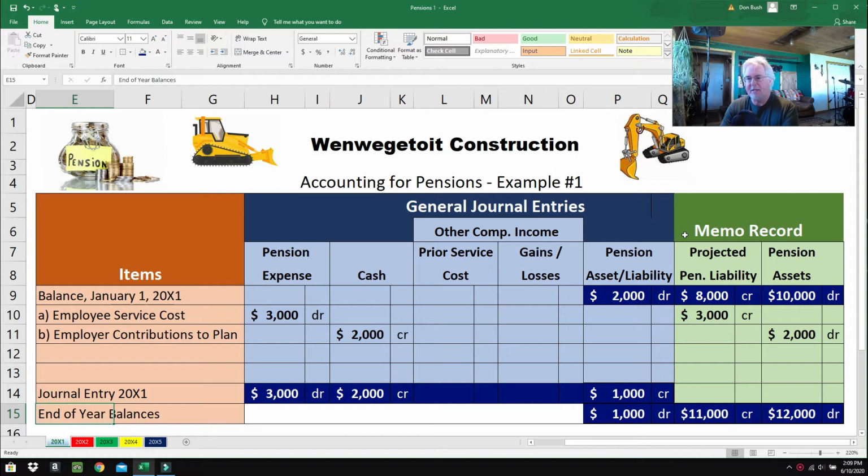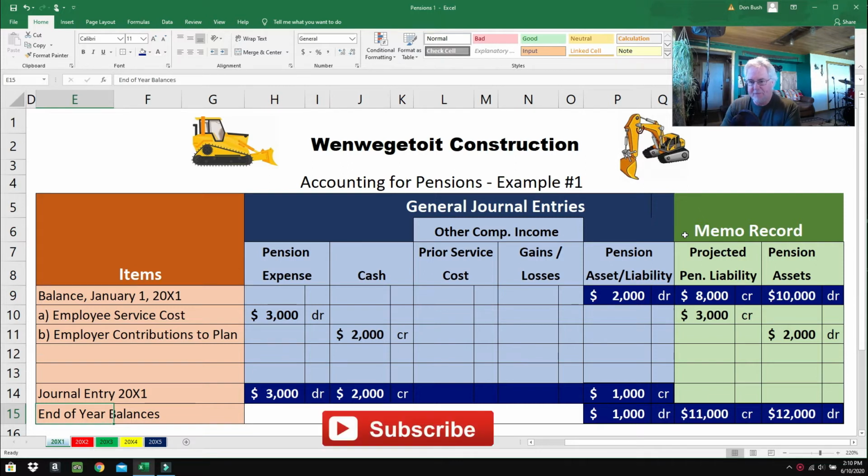It might be an investment company, an insurance company, maybe a bank, who knows, but it's a third party. It's not a part of the construction company, but their job is to take good care of these pension assets and ensure that there is enough money for our retired workers. So this is how it all works, folks.